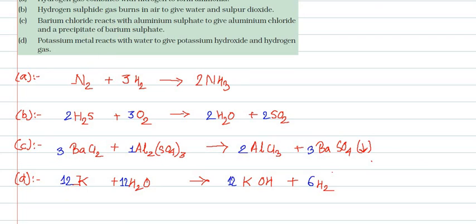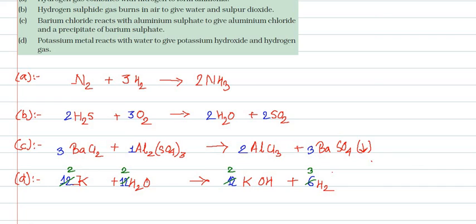Similarly in this part D, look at here. You can take 6 common, right? So this is 2, this is again 2, this is again 2, and this is again 3.